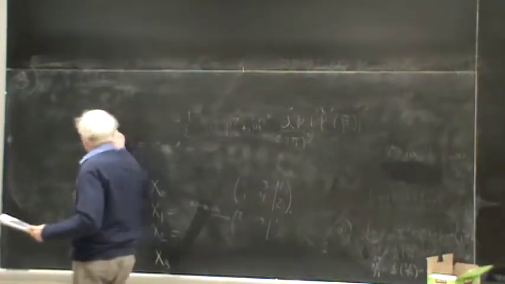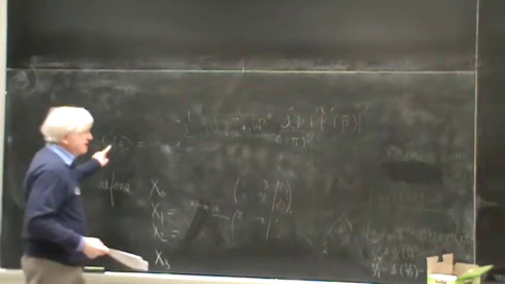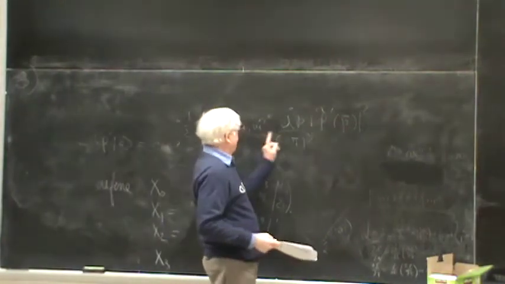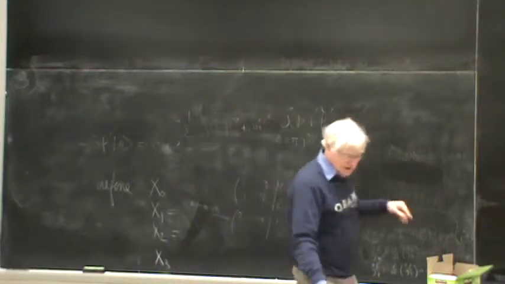The idea was there was a prime here. This is just a function of space, and this is the Fourier transform of that function of space.